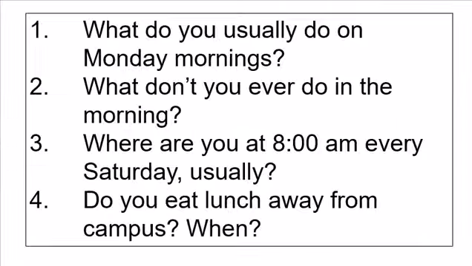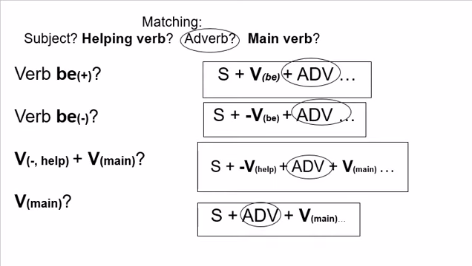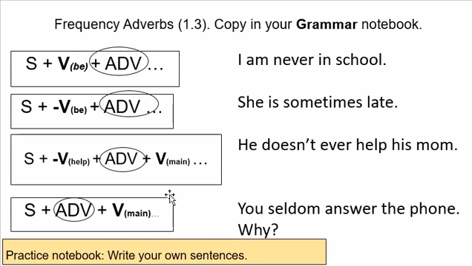You answered these questions with your schedule, and you copied the rules and wrote example sentences. So these are all in your practice notebook. You don't have to write that in your grammar notebook. You can choose. You can do one or the other. Okay, no problem.